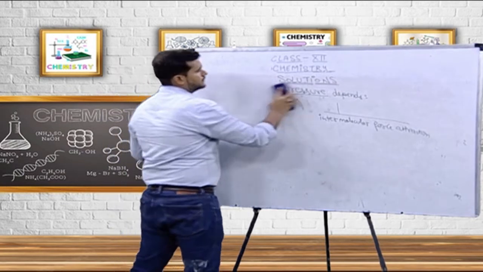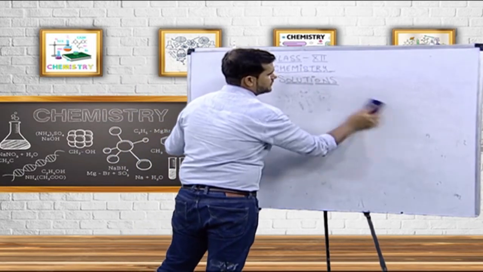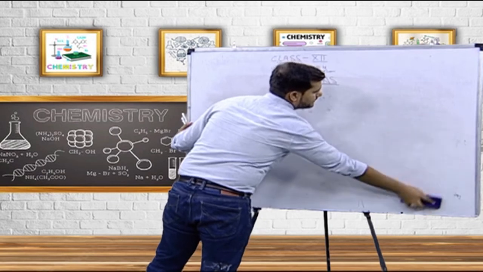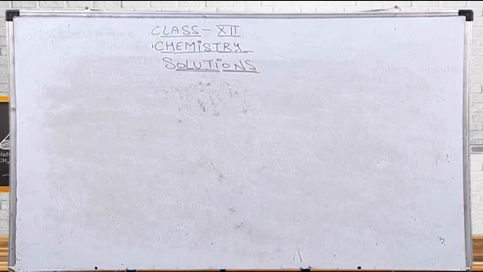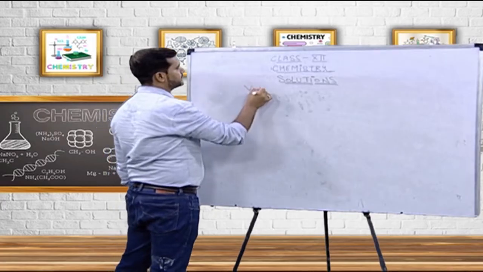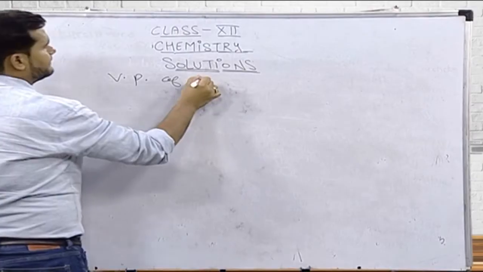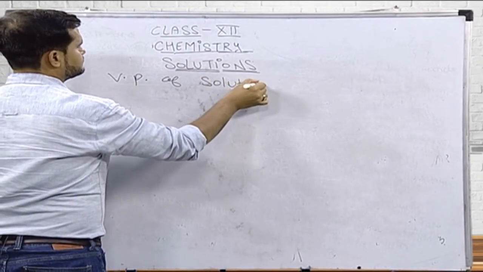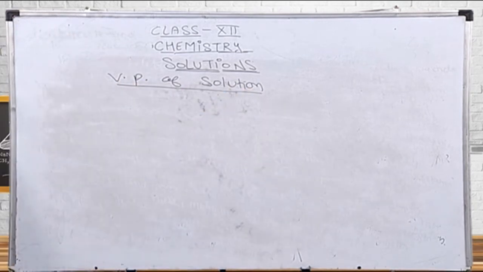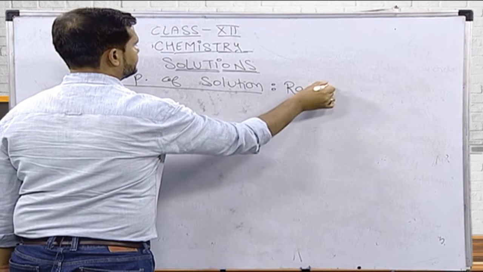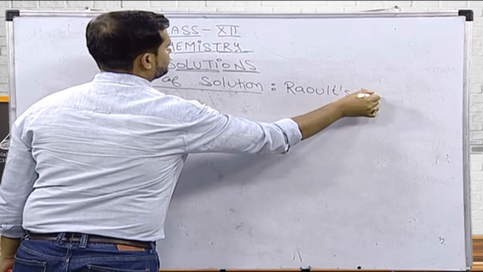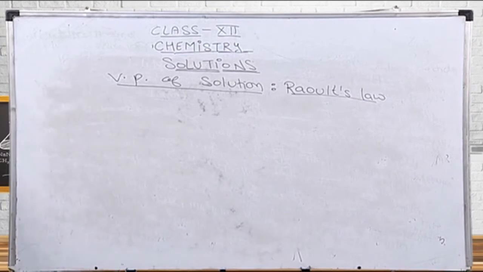Now we have discussed the vapor pressure of a single component or a single liquid like glycerine or ethanol. Now what will be the vapor pressure of a solution in which two components are there? In this we will study Raoult's law.